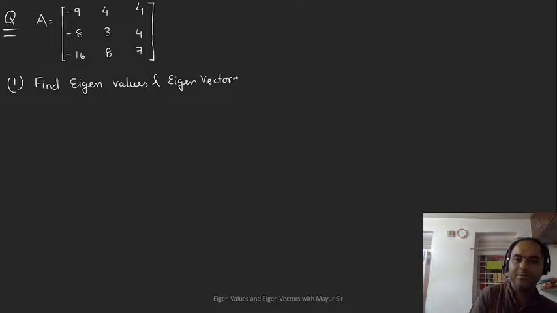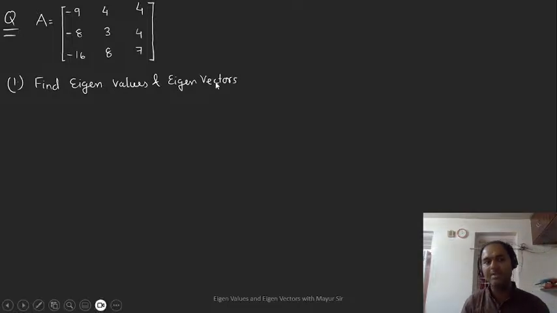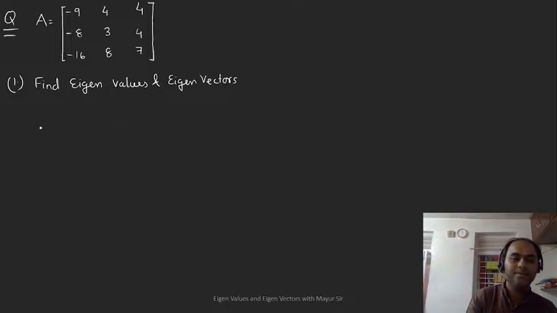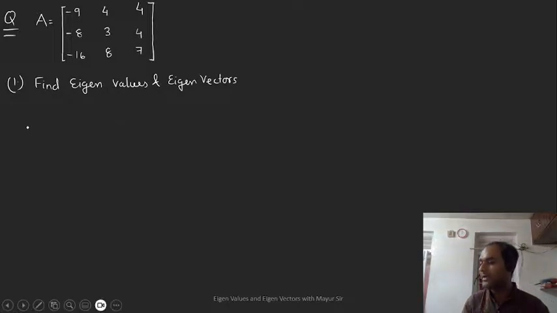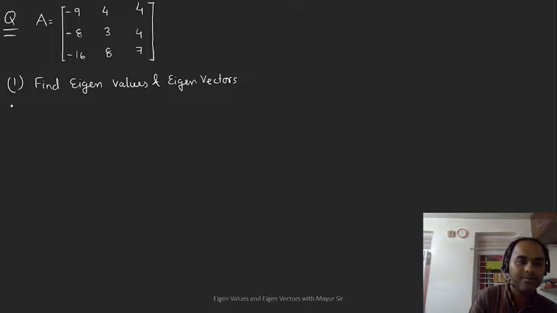This is a very important question, because in this we are going to have a very special case of repeated eigenvalues. That's why I'm taking this question now. Let us see what can be done here and how to handle it. The method is very much different from the previous part.